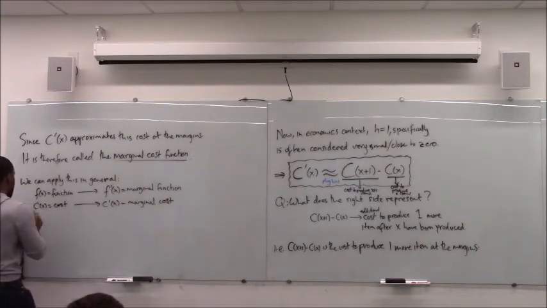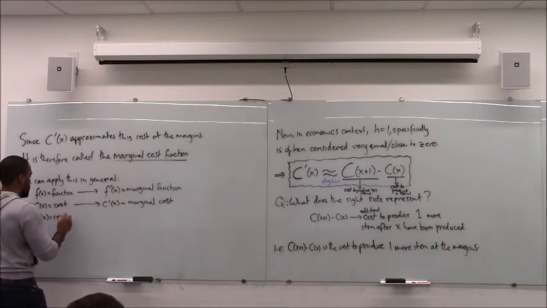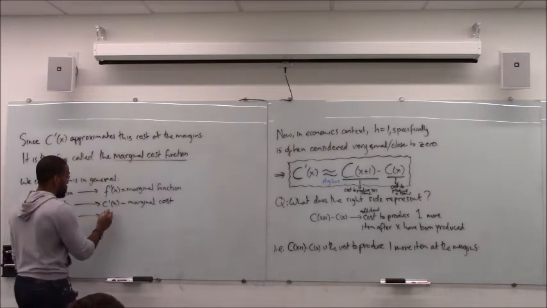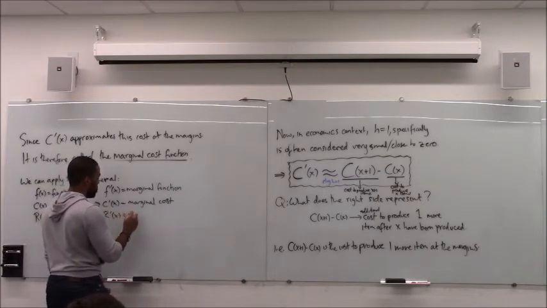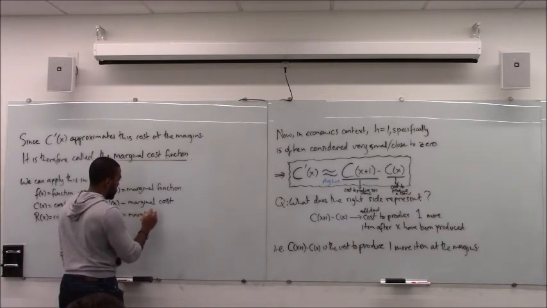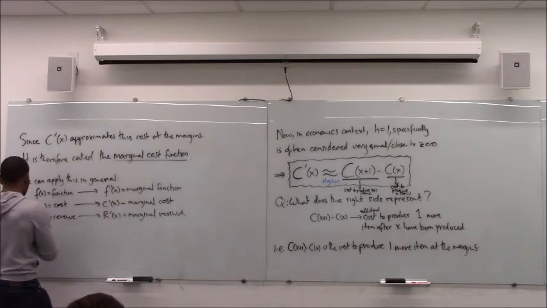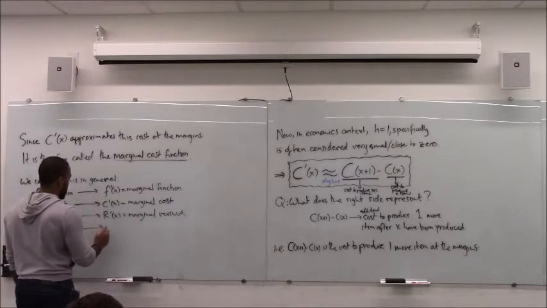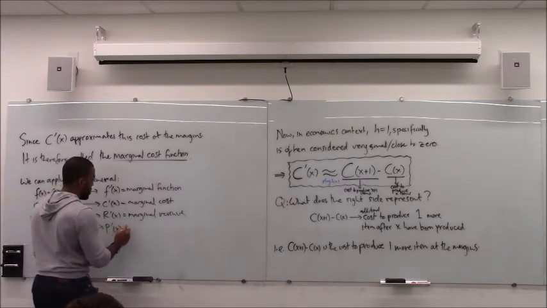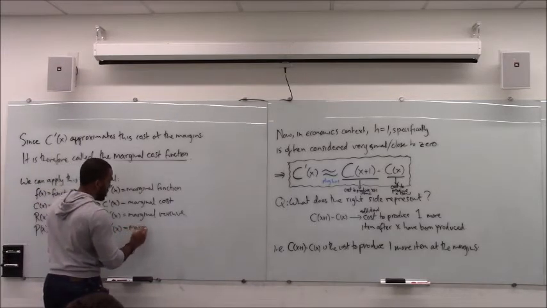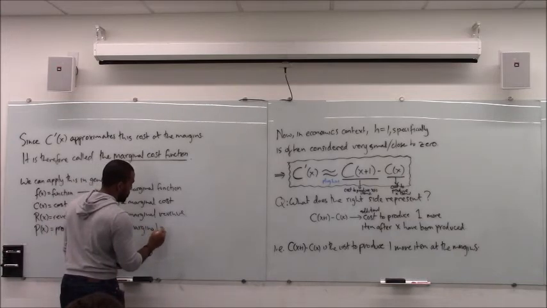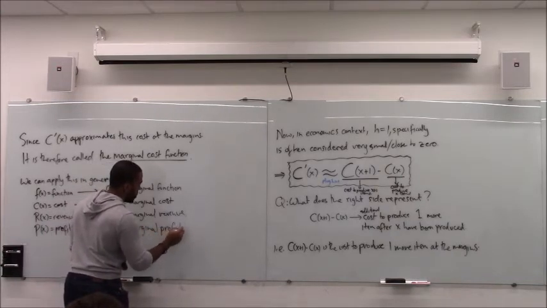If r of x is your revenue, then if you take the derivative, r prime of x is your marginal revenue, etc. If p of x is profit, so these are some typical economic functions, then p prime is going to be your marginal profit. And again, in this context, when you see marginal profit, what are you talking about?